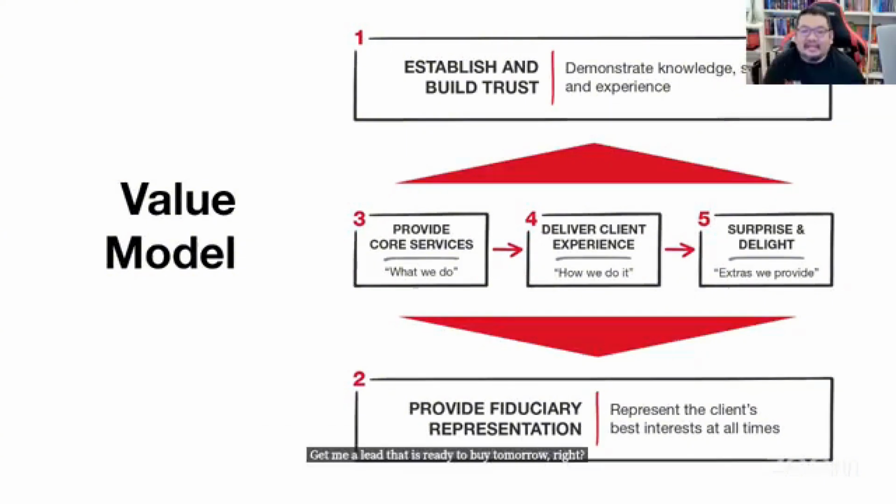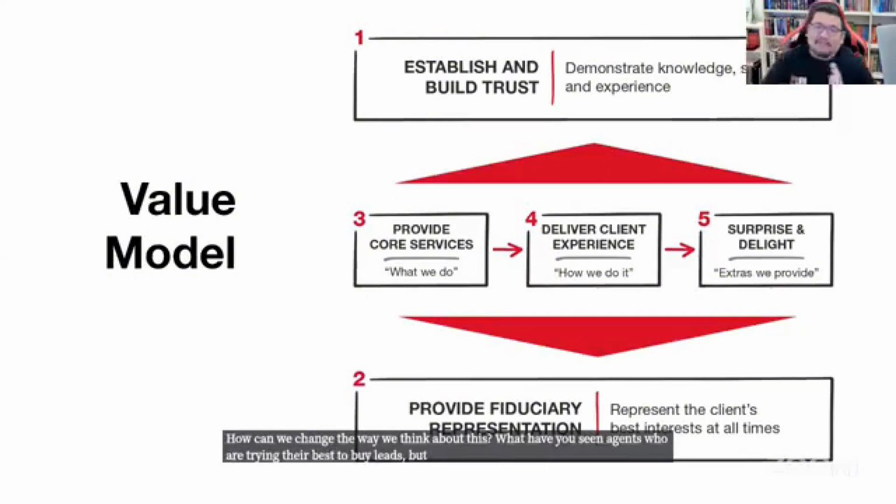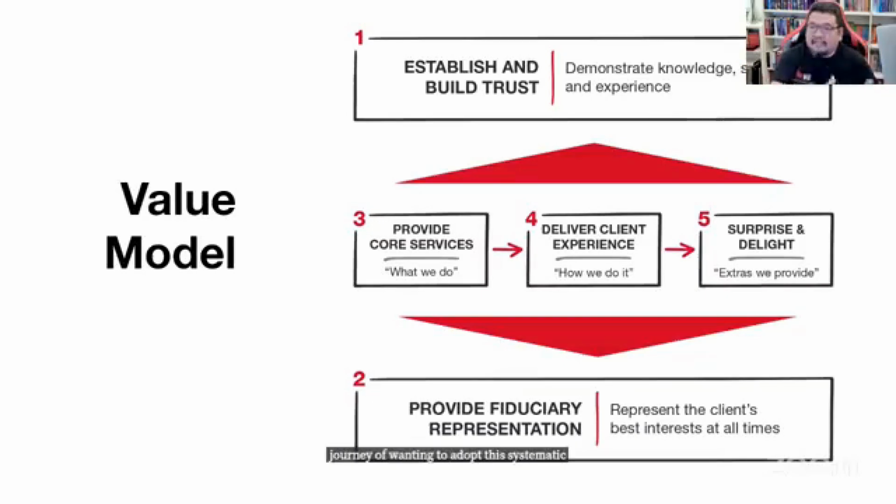But in reality, that's really not the best way in general, and also, I think it's very expensive to do that. How can we change the way we think about this? What have you seen agents who are trying their best to buy leads do to transition into this journey of wanting to adopt this systematic approach in building the database?